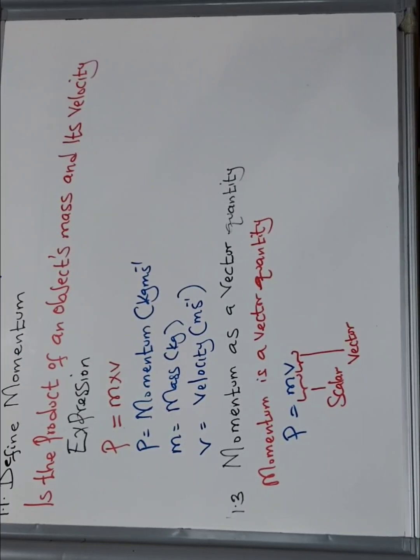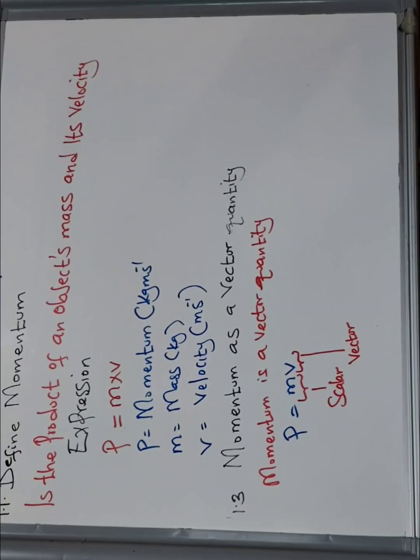And you have also to know that a vector is a physical quantity with both magnitude and direction. So, momentum has magnitude and direction. But we have to recall that the direction of momentum is the same as the direction of the velocity.